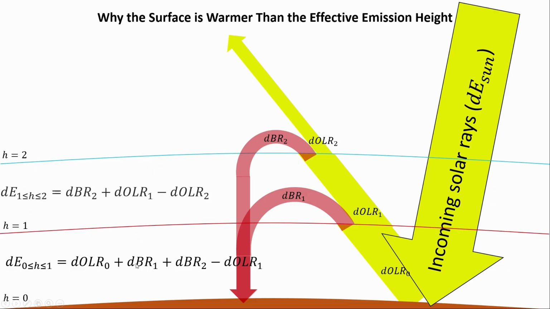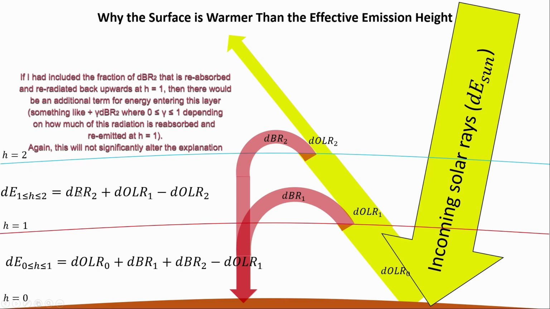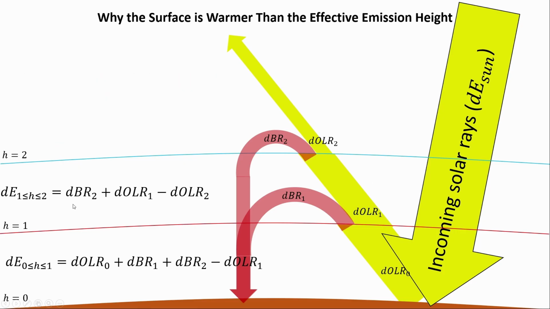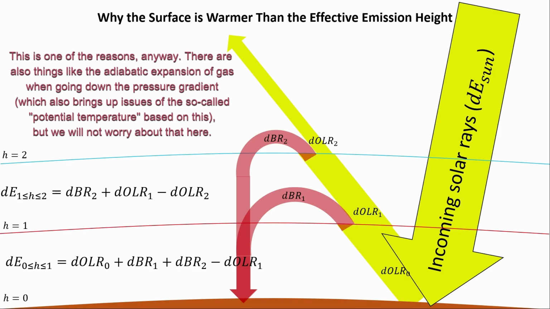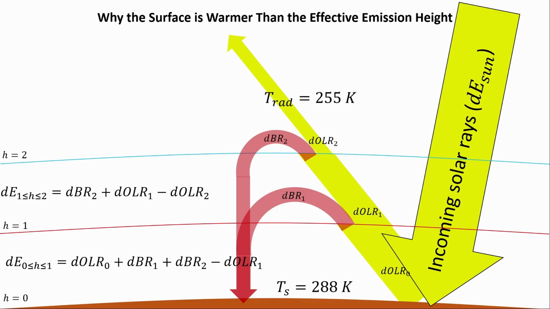But then when we get up to here, we see that the energy between H equals 1 and H equals 2 will be from the back radiation of 2 and the OLR from 1, subtract the OLR coming out of the top there. And so now we see that we actually have fewer terms right here. So we're not getting as much heat because we're not getting the heat that's going back down from this first layer at H equals 1. So that's why there is more heat in this lower layer than there is in the upper layer. And the result of that is that we'll have warmer temperatures at the surface than we will further up.